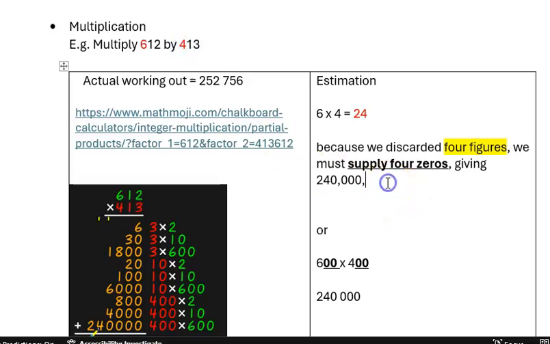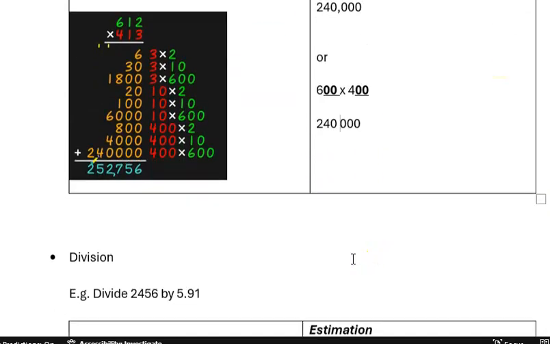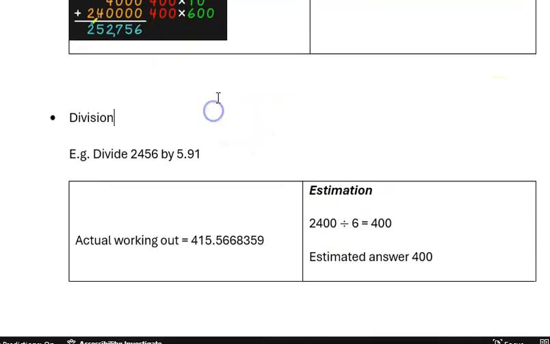So again, 612 would become 600 times 400, rounded off to the nearest hundreds. This is 24 and 4 places of zeros. Your answer is 240,000.